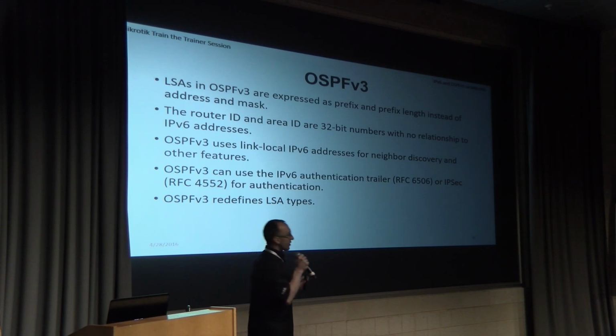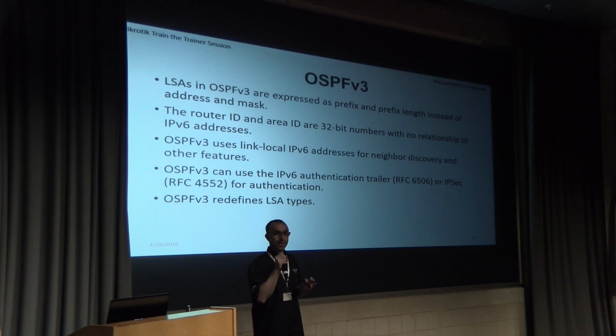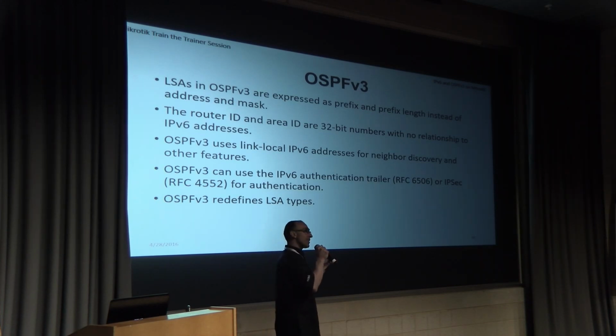And remember, on IPv4, not all addresses are public. IPv6 has a term called global unicast, which means that most addresses are publicly available.